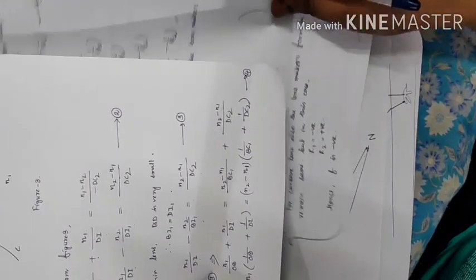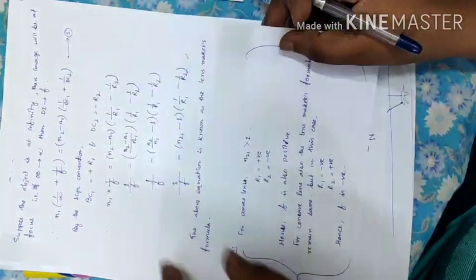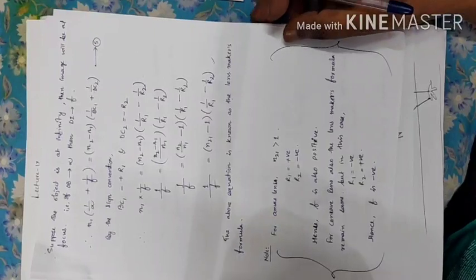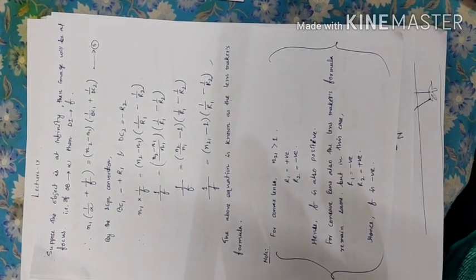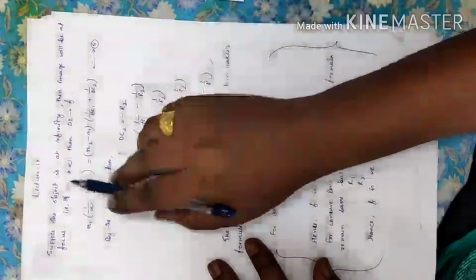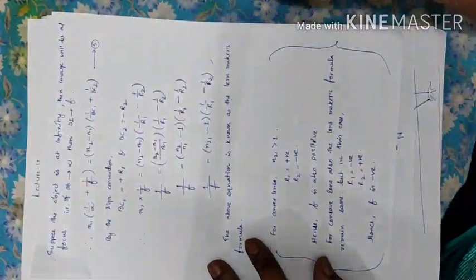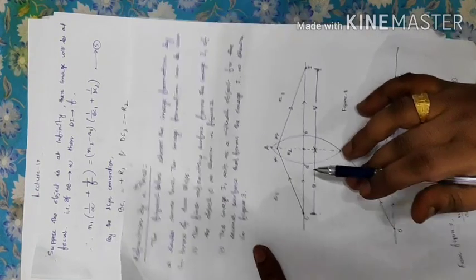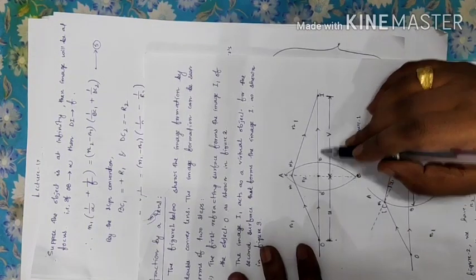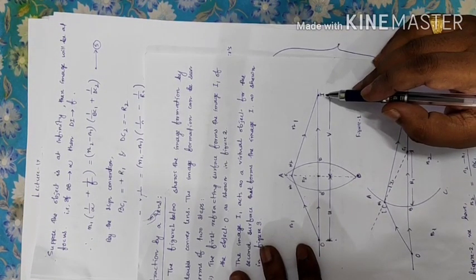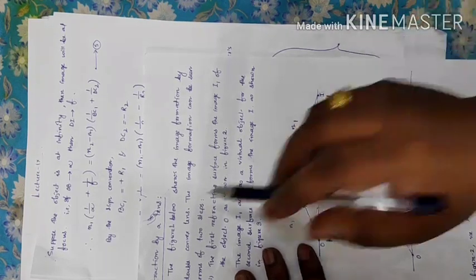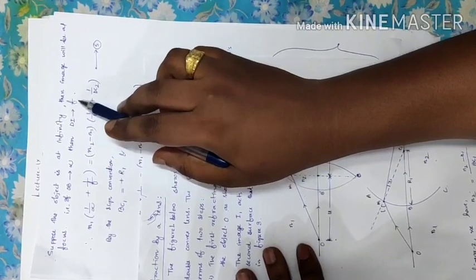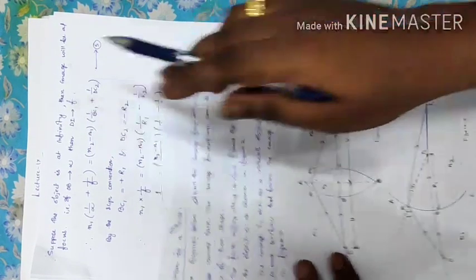Suppose the object is at infinity. Then the image is formed at the focus. OB is the object distance and DI is the image distance. So OB tends to infinity, then DI tends to f.